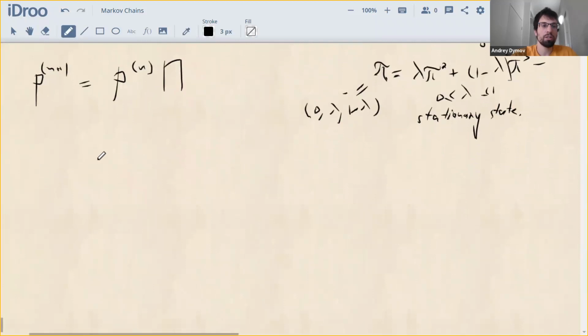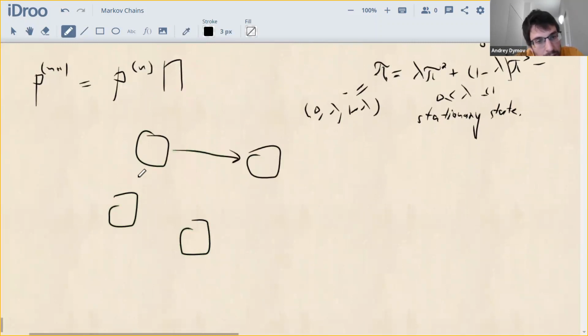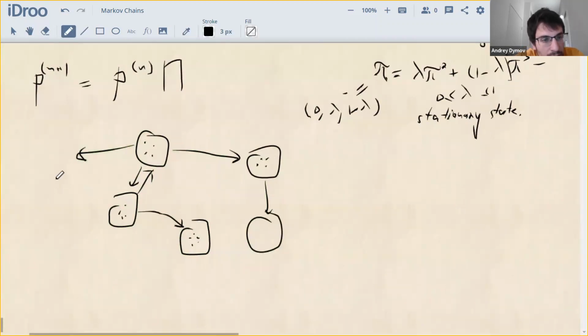So in the general situation, when the chain is not irreducible, you have some communicating classes, maybe something like that. In each communicating class you have many states, but some of these communicating classes are minimal. Say this one, this one, and this one. This is minimal, this is minimal, and this is minimal.